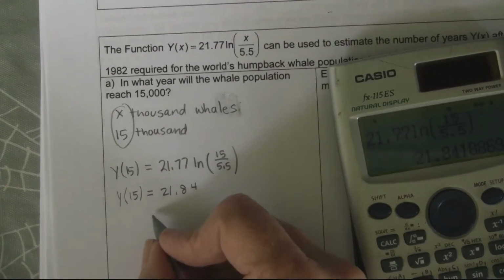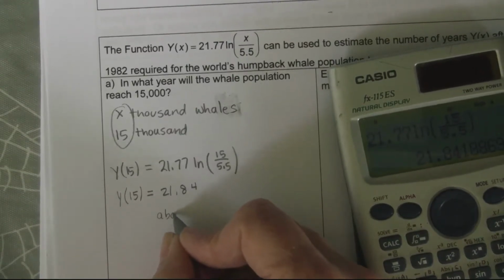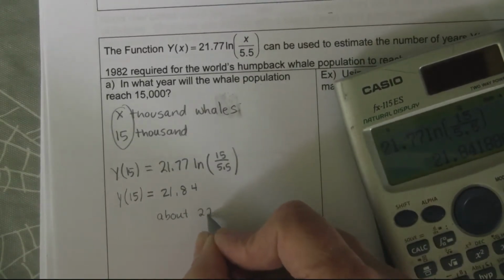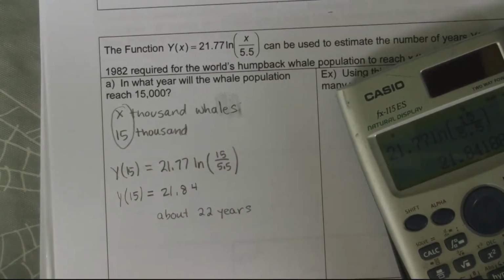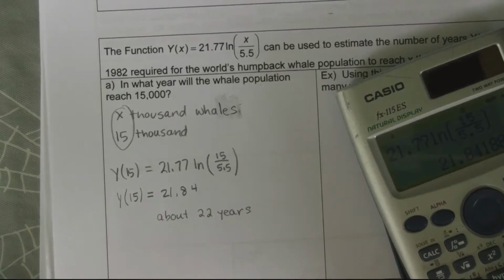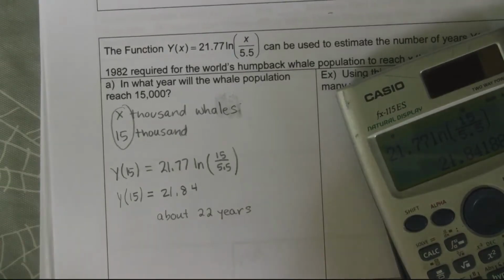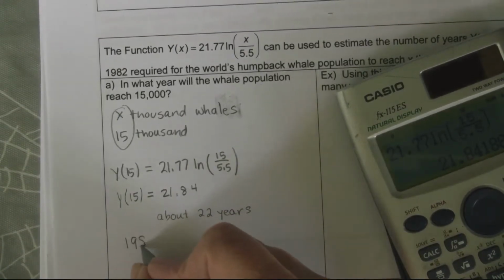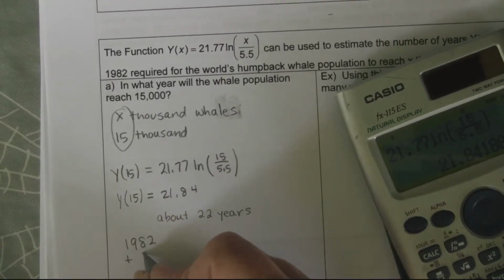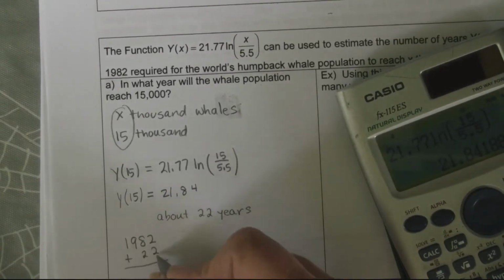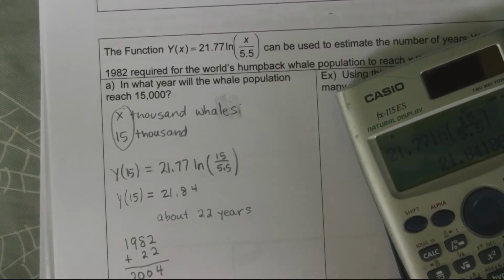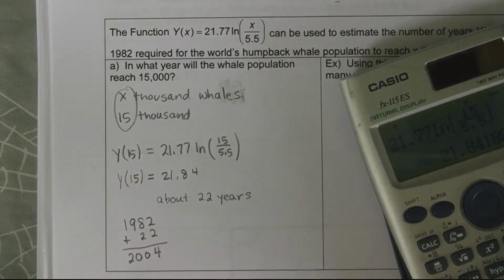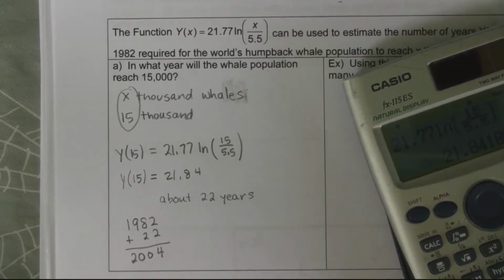So I'm going to put about 22 years. That's when the humpback whale population will come back to 15,000 whales worldwide. So in 1982, plus about 22 years, will be 2004. So in 2004, there'll be around 15,000 whales.